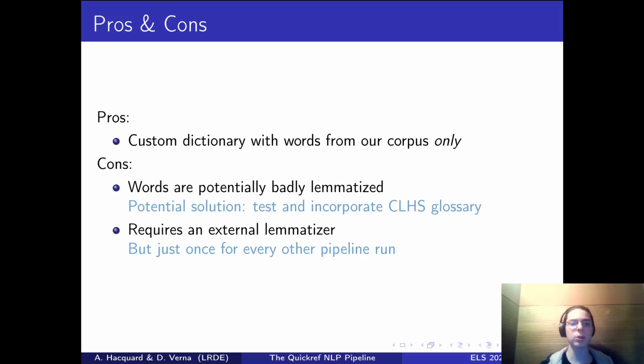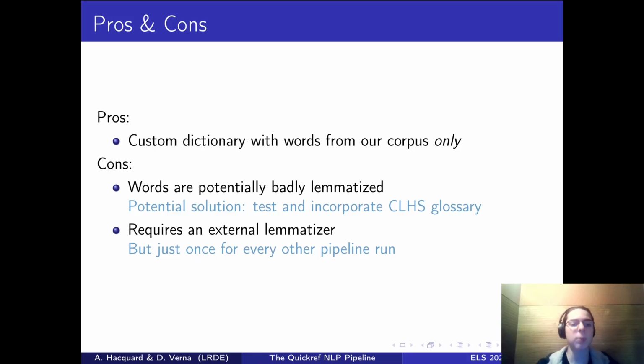This approach has the advantage that we know for sure that all words of our corpus will be in our custom dictionary. So it is a big advantage because we know for sure that we will not have out-of-dictionary words.